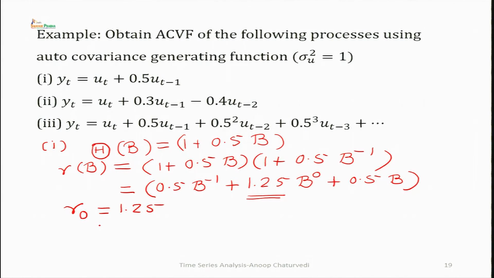Then the coefficient of B to the power 1 or B to the power minus 1 gives you gamma 1. So, gamma 1 is equal to 0.5, and it does not involve any other power of B. So, gamma k is equal to 0 for all k equal to 2, 3, so on. Means for all k greater than or equal to 2, gamma k is equal to 0.